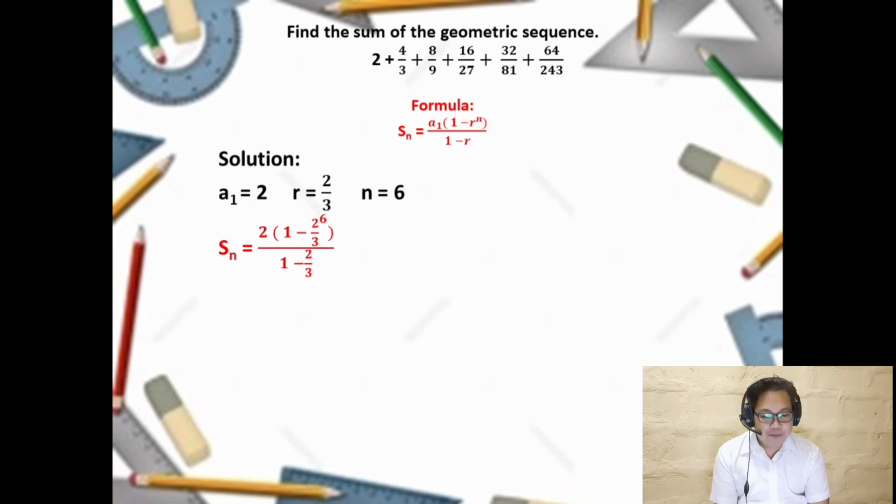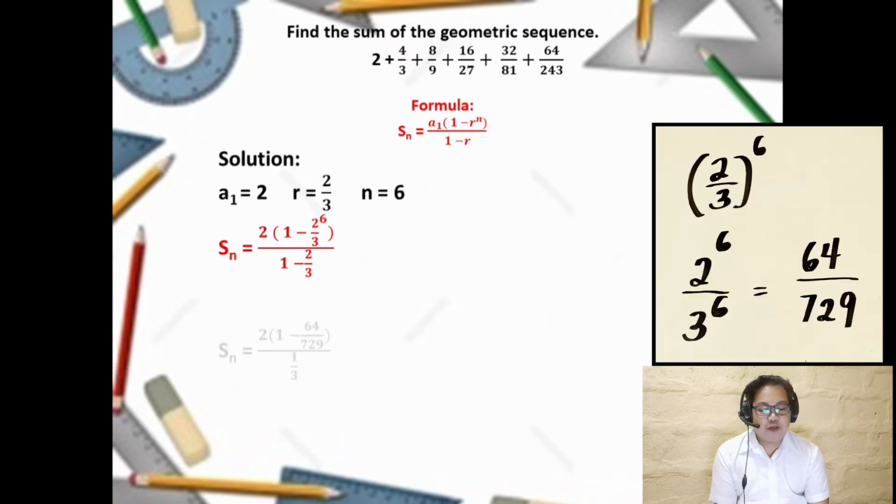So dito, yung 2/3 natin yung r, yung 6 natin yung n. So S sub n equals 2 times 1 minus, what is 2/3 raised to 6? So 2 times 2, 4 times 2, 8 times 2, 16, times 2, 32, and times 2, 64. So, 2 raised to 6 equals 64.